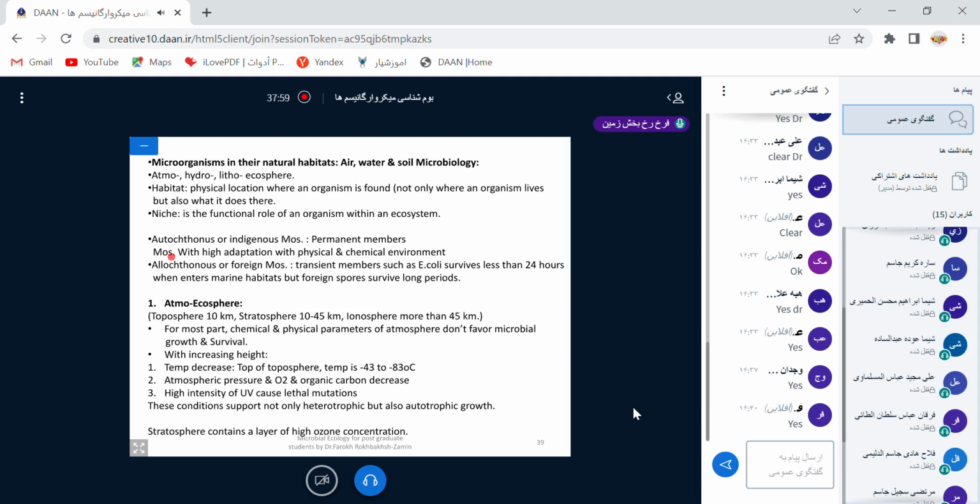So air and atmosphere doesn't have native microorganisms. Whatever microorganisms we can see in the air, they have come from soil or water. From wind, some soil particles come to the air containing some microbes.